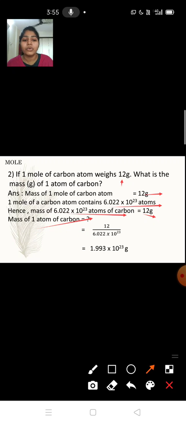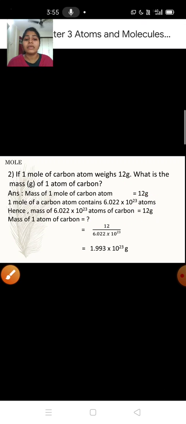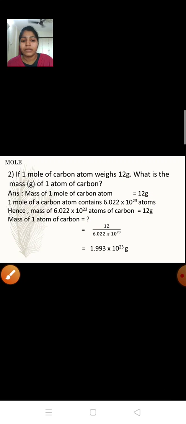So what are we going to do? Cross multiply. 12 into 1 divided by 6.022 into 10 raised to 23 atoms of carbon. So when we divide, we'll get the answer 1.993 into 10 raised to 23 gram. Okay, so this is the mass of one atom of carbon. Easy.